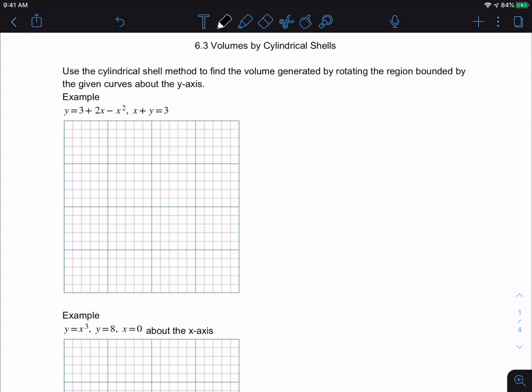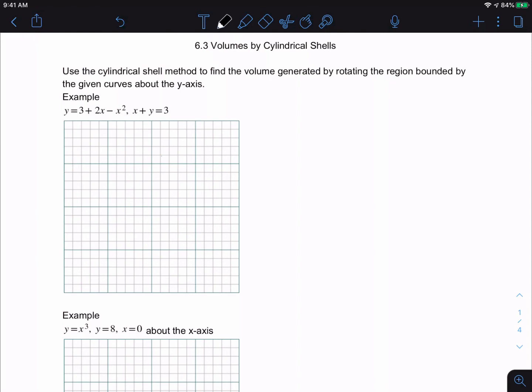When we do the cylindrical shell method, what we end up doing is rotating parallel. So our cross-sectional slice is going to be parallel to the axis of rotation, and that will help us determine our variable of integration.